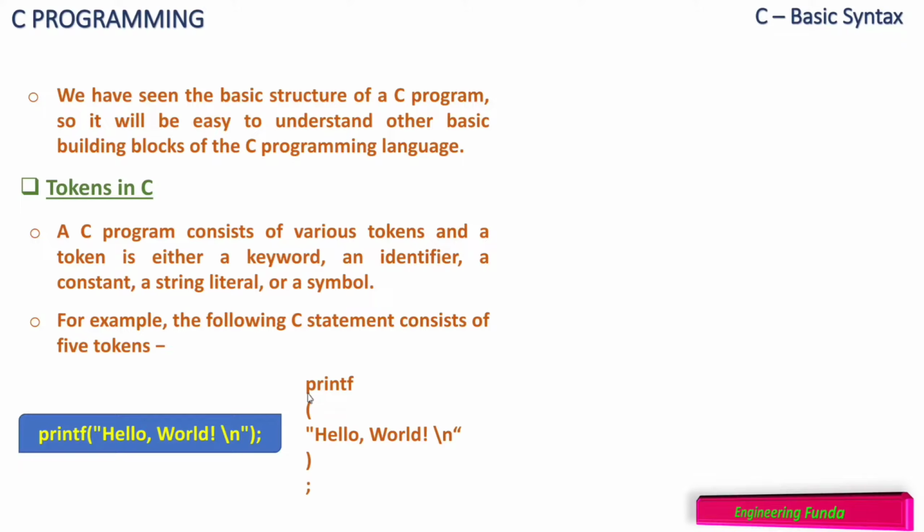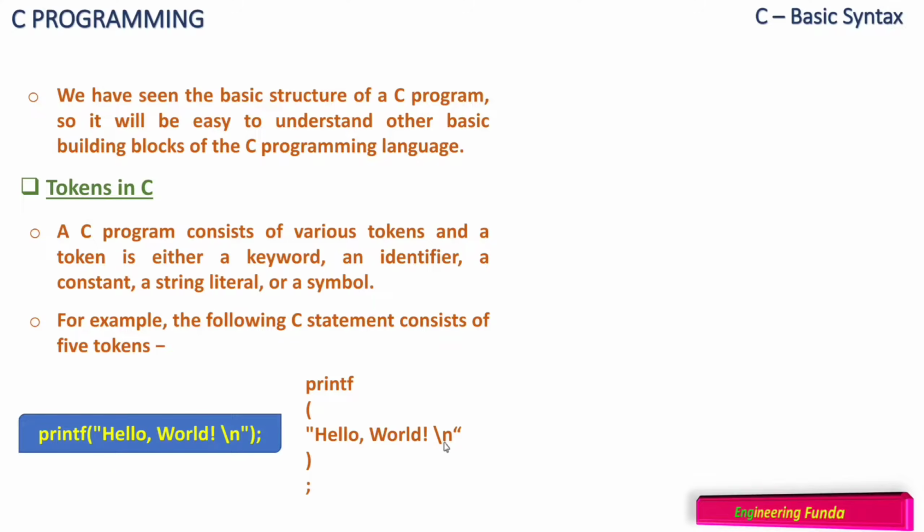The first token is printf. This printf, the name of the function which is called to print something onto the screen, is a token. Then this opening bracket is a token because it makes the difference between the printf and this string "Hello World".